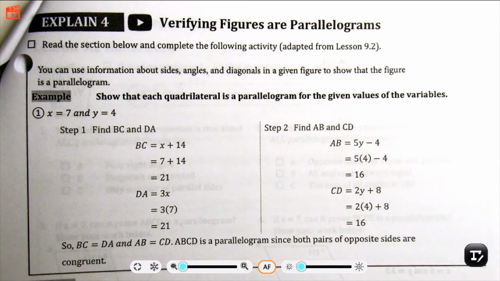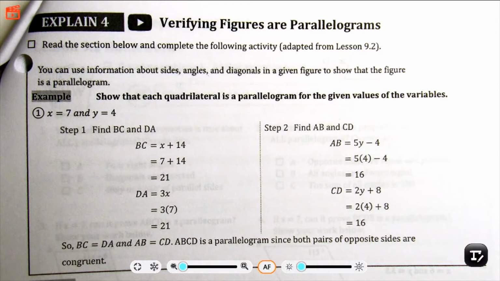So angle F is equal to 9Z, but Z is 11, plus 19, which becomes 99 plus 19, and that becomes 118 degrees.